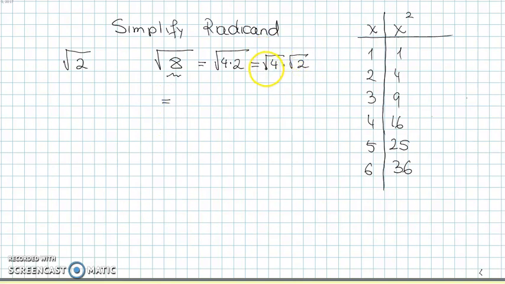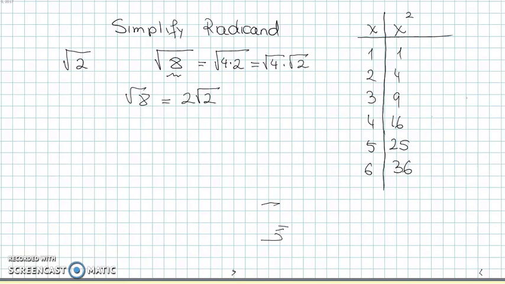Now I'm going to calculate the square root of 4, that's 2, and square root of 2 I keep. Now I have the simplified expression. My square root 8 is the same thing as 2 square root 2. I'm using smaller numbers. It's easier to operate with this. You will see it later.